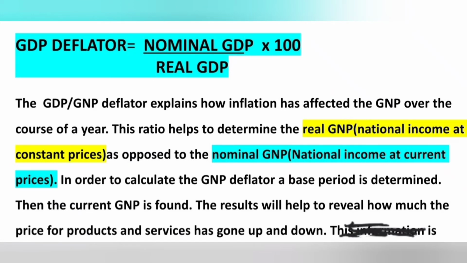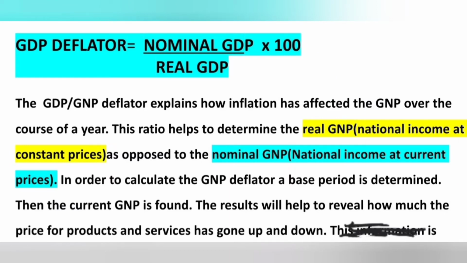How can we calculate nominal GDP or nominal GNP? It is the current year price. GDP at current year price, that is price of the current year into quantity of the current year. Real GDP is price of the base year into quantity of the current year. We will see that through an example.